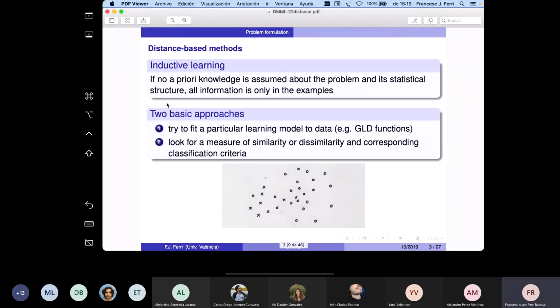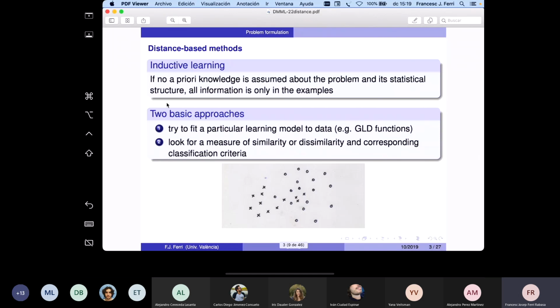So, as I was commenting, if two examples of something are close enough, then it's quite likely that they belong to the same class. But what does it mean, being close enough? For non-trivial problems, what we have, perhaps, is a complex representation.